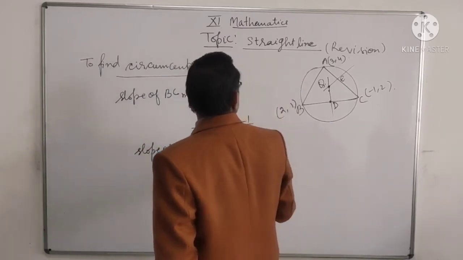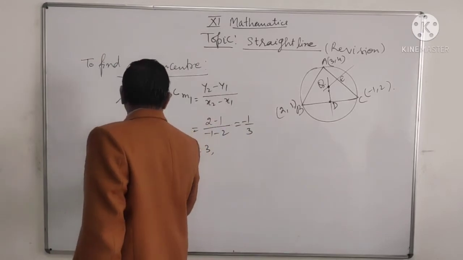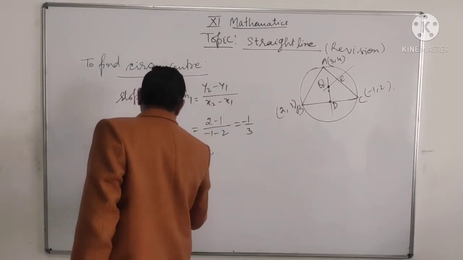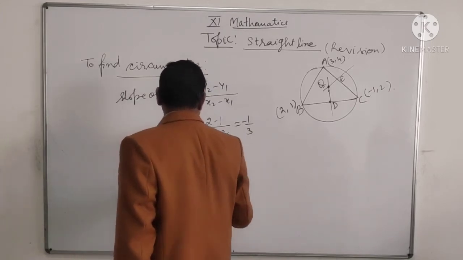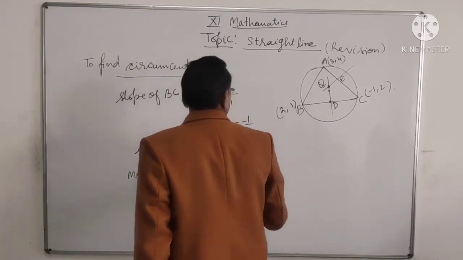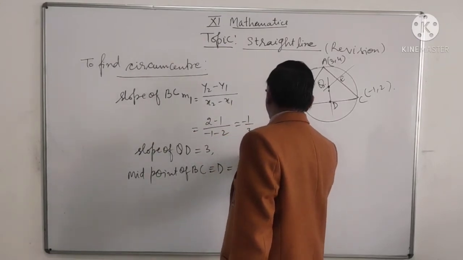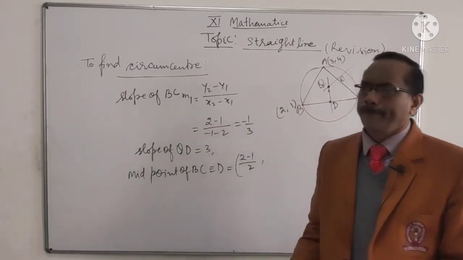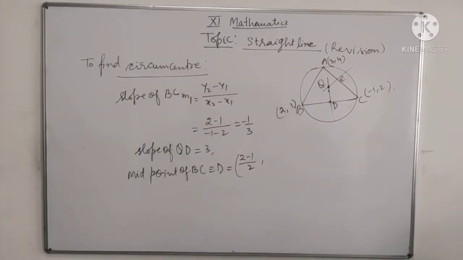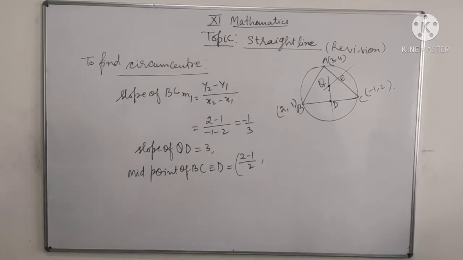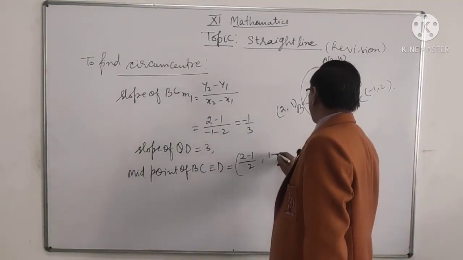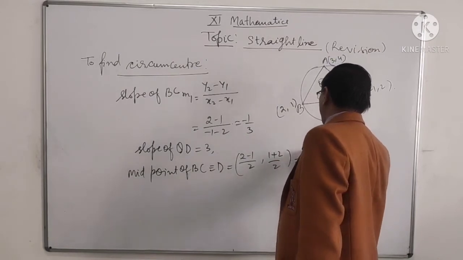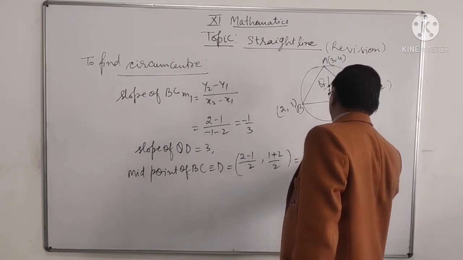Then midpoint of BC, which is D, its coordinate is 2 minus 1 upon 2 and 1 plus 2 upon 2. It is 1 by 2, 3 by 2.